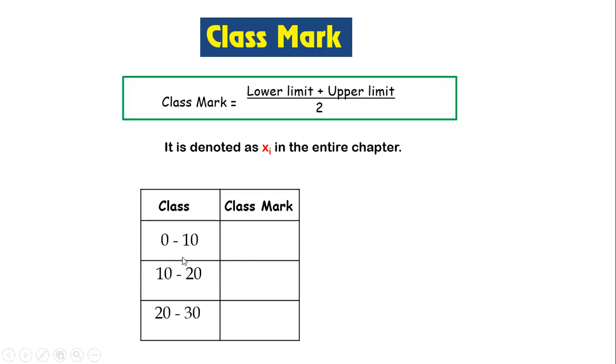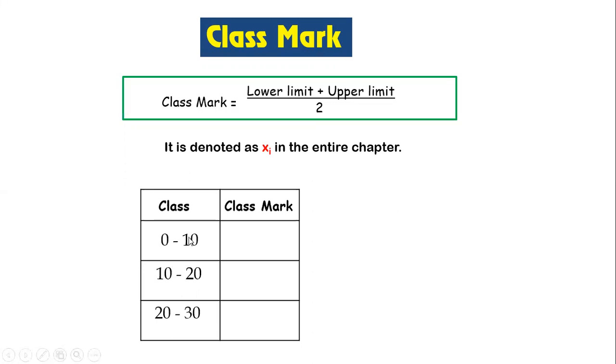Now students, there are 2-3 things you have to pay attention. A very important slide. If you understand this slide completely, the method that we are going to study today becomes very easy. Now, when I say class mark, the formula is lower limit plus upper limit upon 2. Now, in 0 to 10, the number on the left-hand side, that is 0, is called as lower limit.